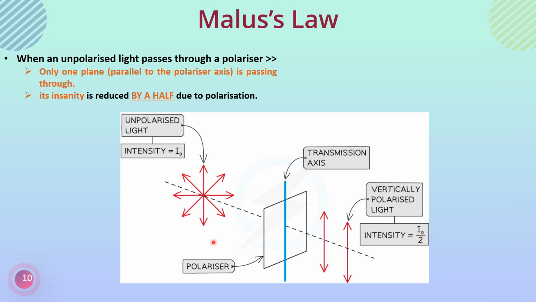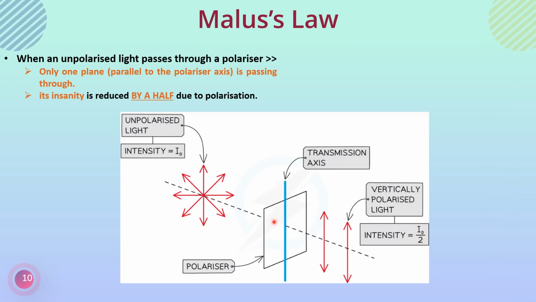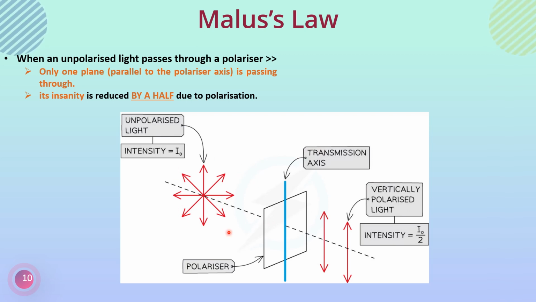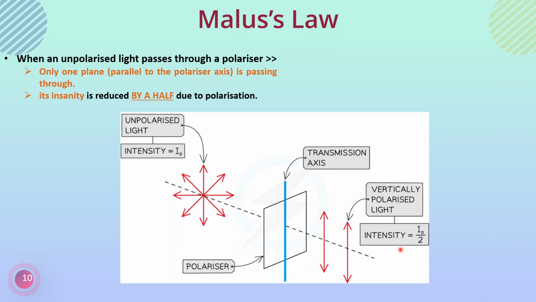The other thing is that the intensity of the light itself is reduced to 1/2. That means if this intensity is 1 watt per meter squared, this one will be 1/2 watt per meter squared. Remember, if the intensity is I, this will be I over 2. So it is always reduced by 1/2 by polarizers, due to polarization.